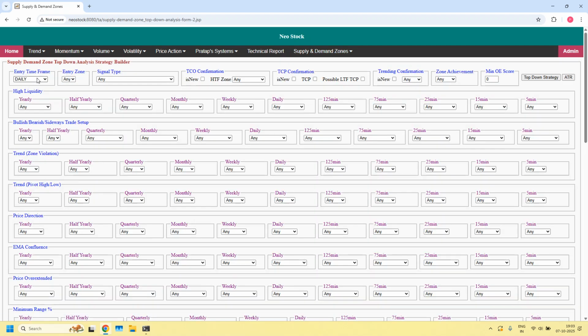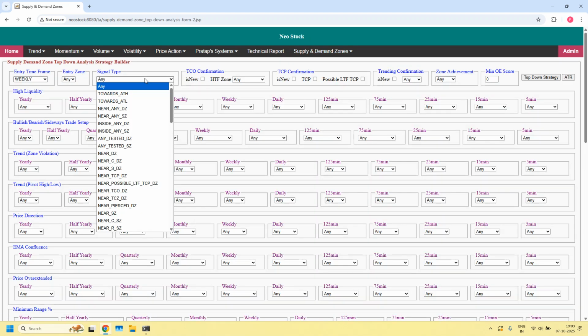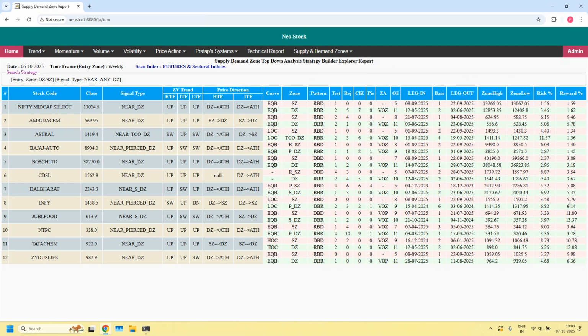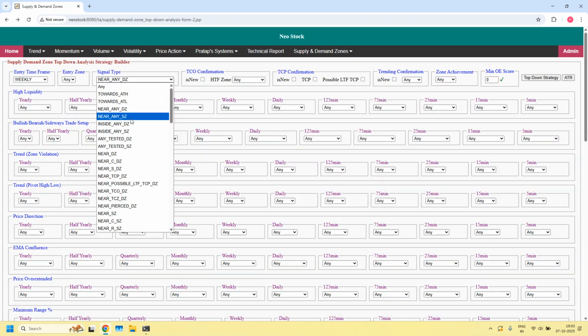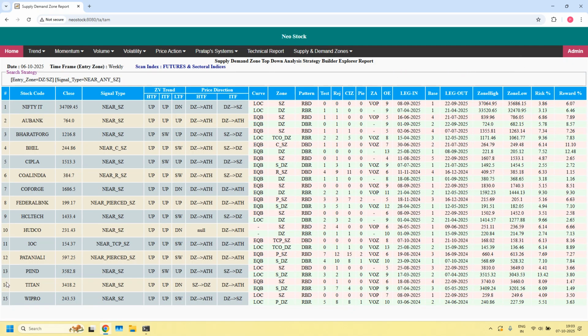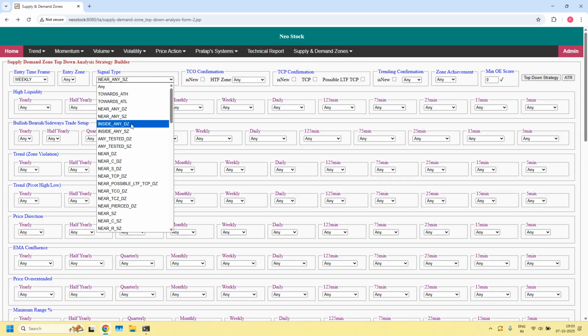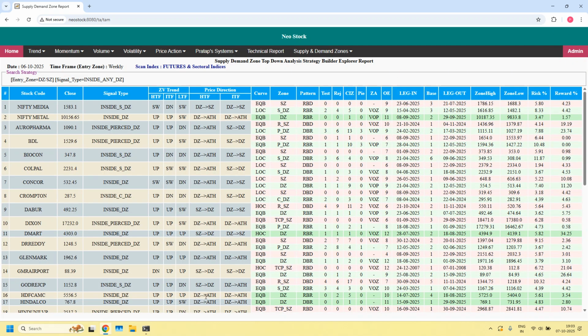Next time frame is weekly. Stocks near to the weekly demand zone, we got 12 stocks. Next, stocks near to the weekly supply zone, we got 15 stocks. Next, price closed inside the weekly demand zone.